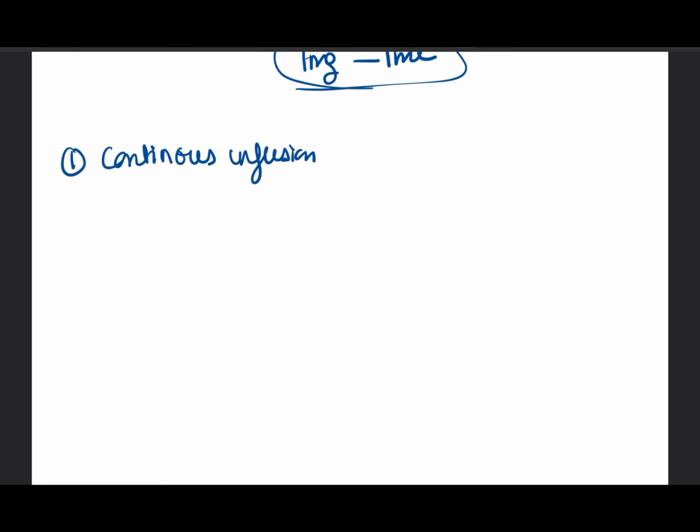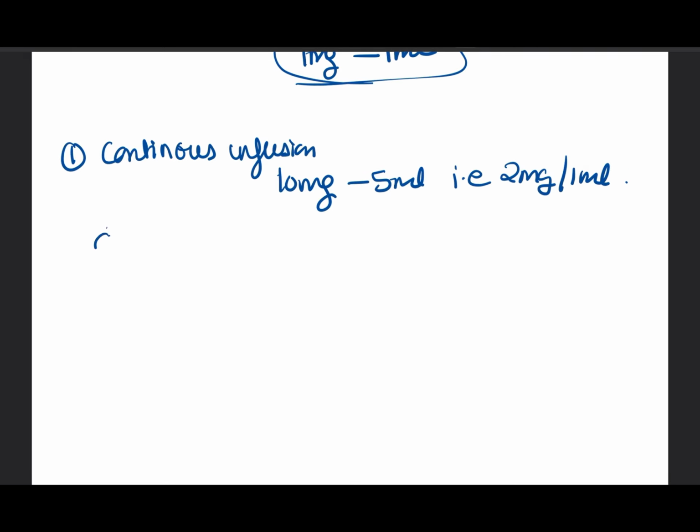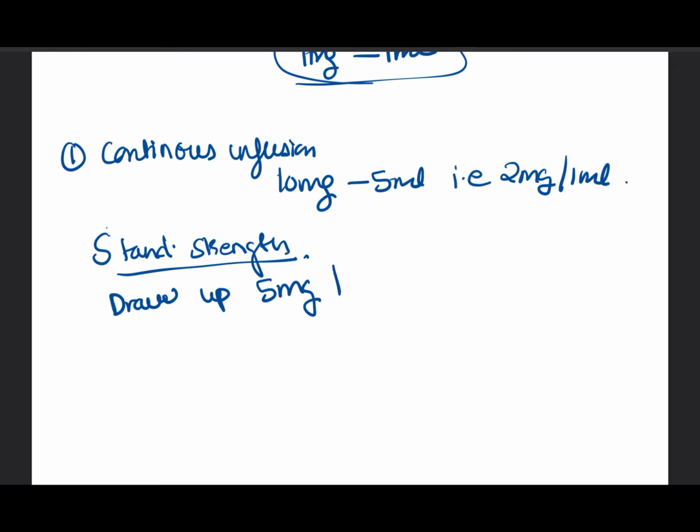Now for continuous infusion, the reconstitution I told you about earlier, that is 10 mg in 5 ml, that is 2 mg in 1 ml. You will take that, and according to the weight, this is the standard strength.